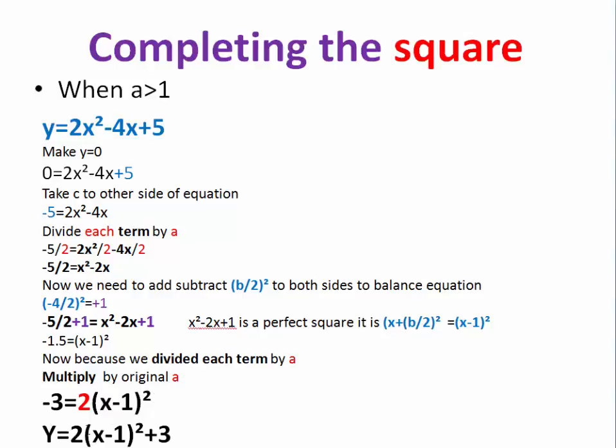So y equals, when we rearrange, 2 times x minus 1 squared plus 3. Again, this is the vertex form. We can read the vertex of the quadratic from this. So for the vertex, change the sign of the number in the bracket for the x, so x equals plus 1, and y equals 3.